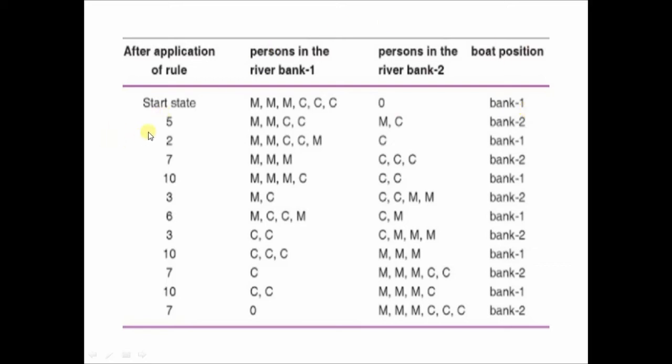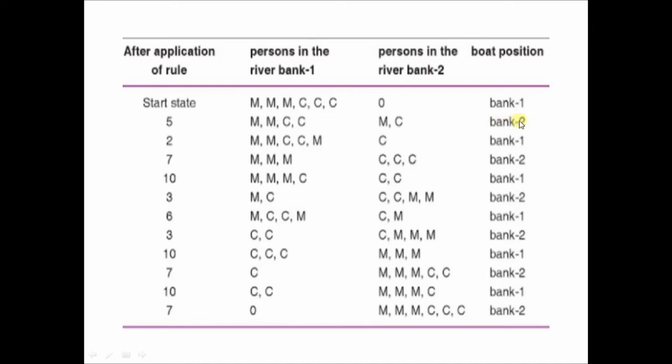Now rule number 5 is applied. One missionary and one cannibal go to the other side from bank 1 to bank 2. So how many are left? One missionary less, one cannibal less. And on the other side of the river bank you get one missionary and one cannibal, and the boat is now present at bank 2.